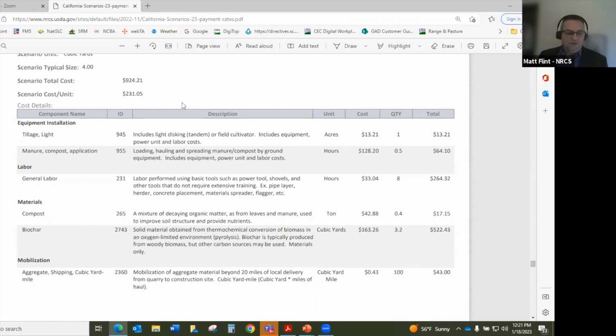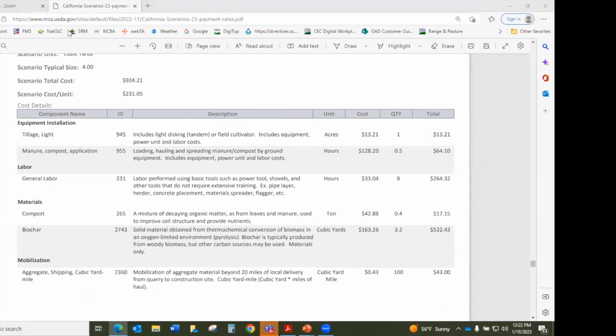I'm not aware of limits, Michael. That might be related to the practice standard, or it might be something states develop technical or program guidance on. Yeah, well, we don't specify any minimum amounts or any limits.